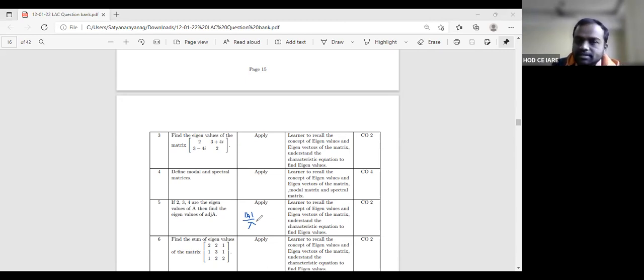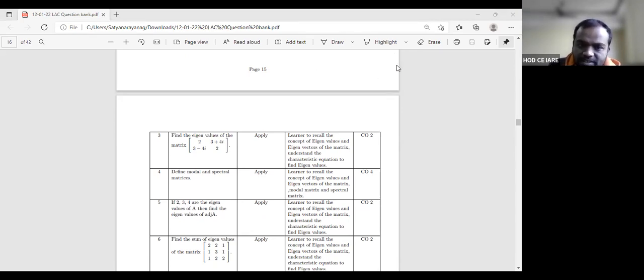So these are the eigenvalues: det A by 2, det A by 3, and det A by 4. So det A అనేది not equal to 0 కాబట్టి 1/2 like we can write there. So these values.